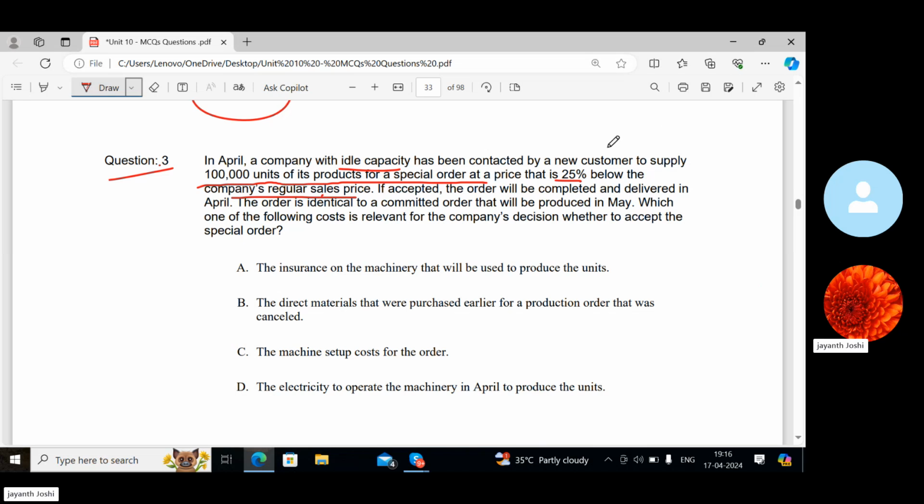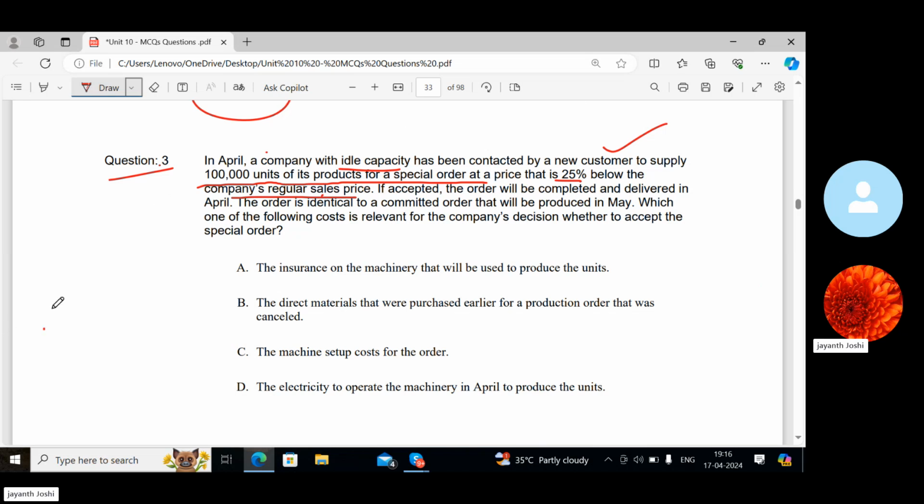That means the customer got some special order, so they want the company to manufacture that product for them. Did you understand the question?